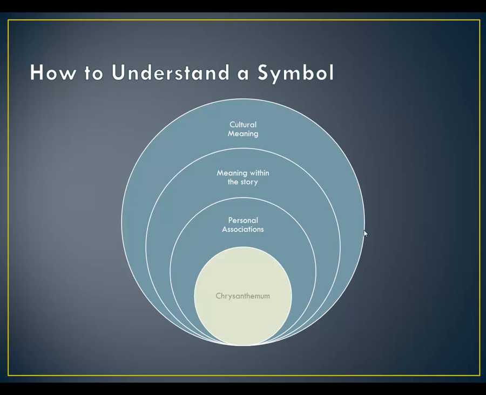What do they mean in the relationship of the whole story? And then think about chrysanthemums and their cultural meaning, or other stories that have chrysanthemums in them, or what a chrysanthemum means as a flower. There's a whole language of flowers. It's really going deeper and thinking even more about the symbol. And this goes for every single symbol you find in a short story.